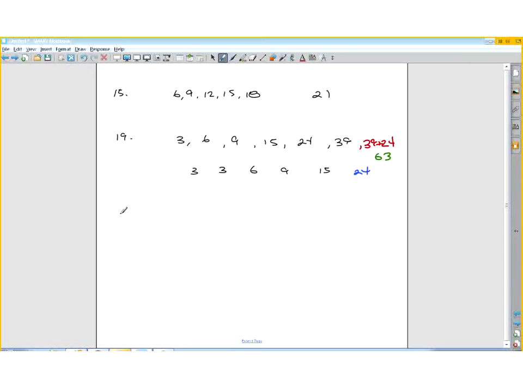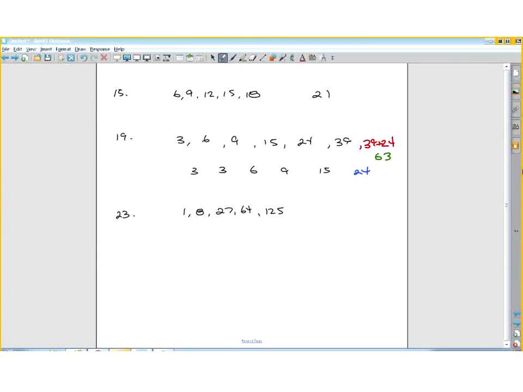A little more tricky. Okay, let's go to 23. So we have 1, 8, 27, 64, 125. So let's look at these.